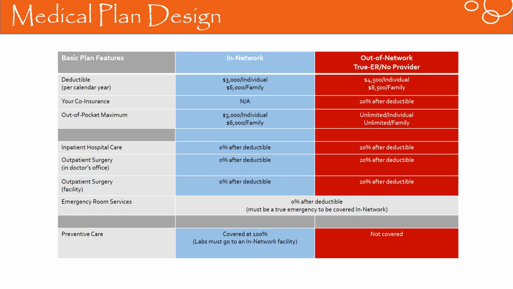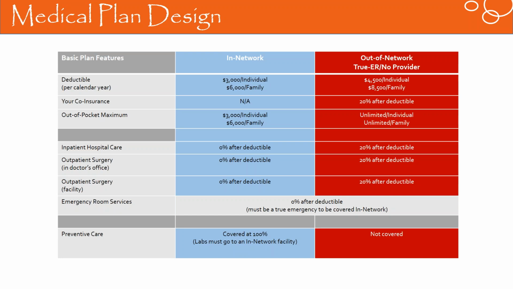As a reminder, you always save more money when you stay in network, because it's 0% after you meet that deductible. Preventative care is always covered at 100% as long as your things stay in network, including your labs. Emergency room services, as long as it's a true emergency, are covered at 100% after your deductible. But again, it has to be a true emergency.